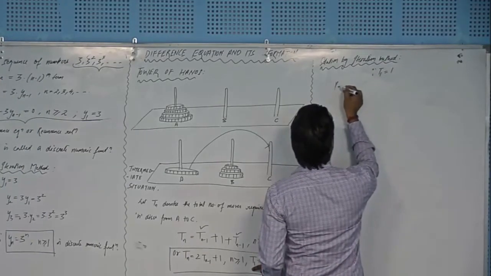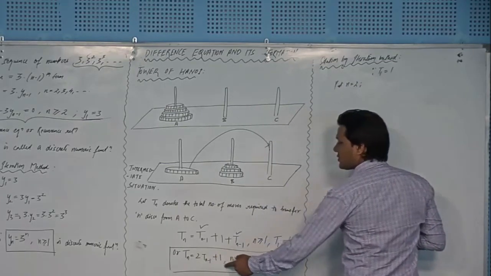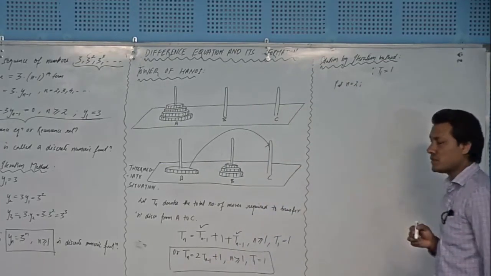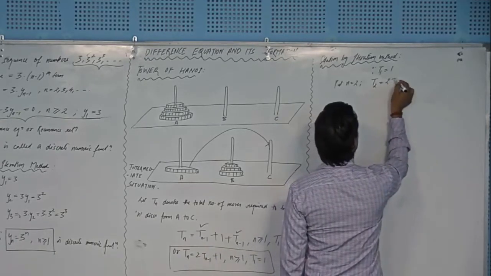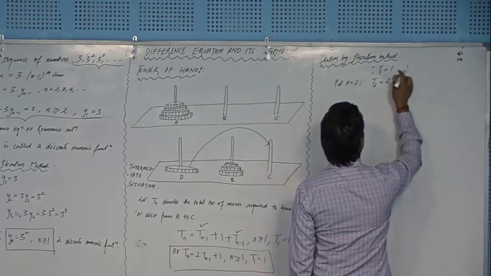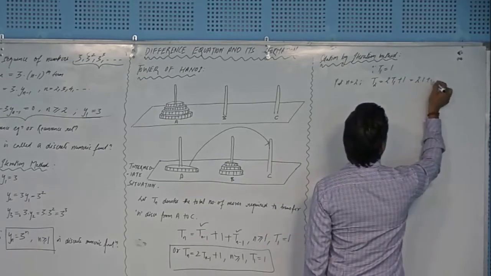So what you will do, put n equal to 2 in your difference equation. This is your difference equation corresponding to this tower of Hanoi problem. Putting n equal to 2 will give you T2 equal to 2 times T1 plus 1, and you can use this 1 here. So 2 times 1 plus 1.